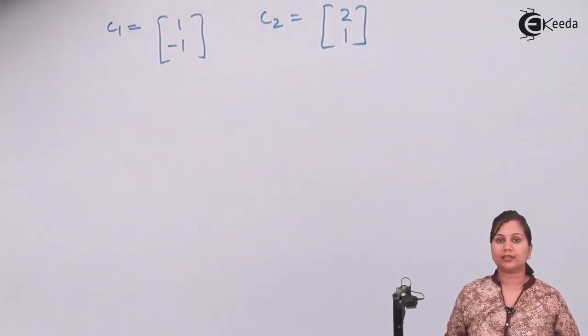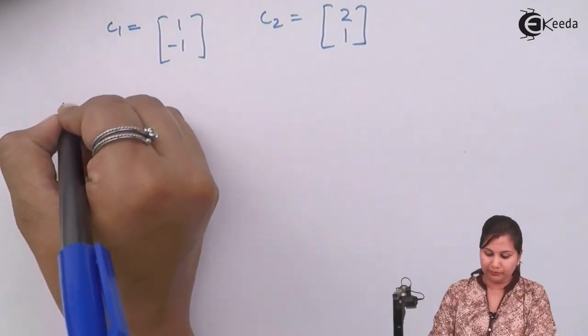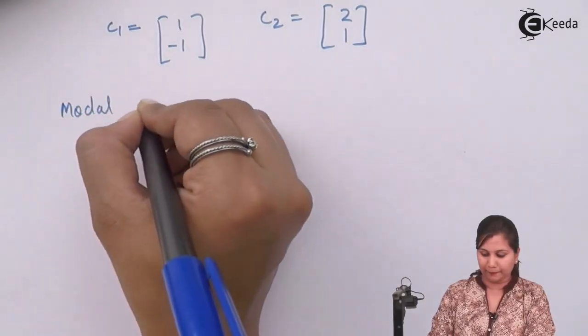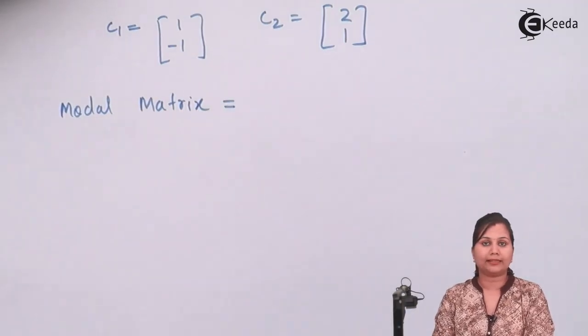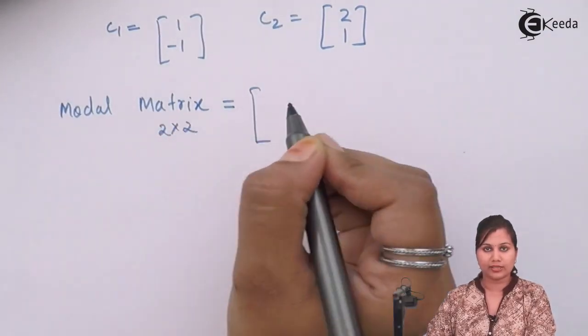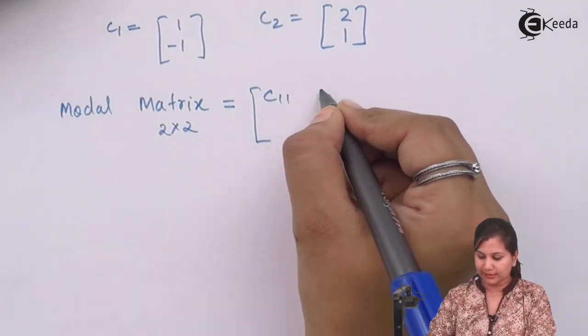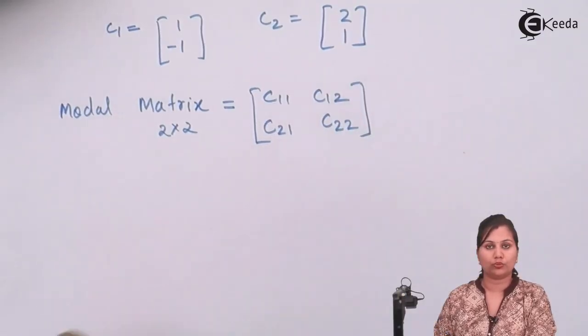So we know that the modal matrix M, which we have to find out, is formed by the eigenvectors as its columns. So it will also be a 2 by 2 matrix, C11, C12, C21 and C22.